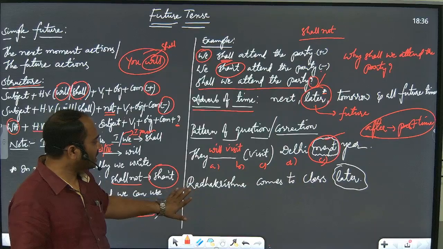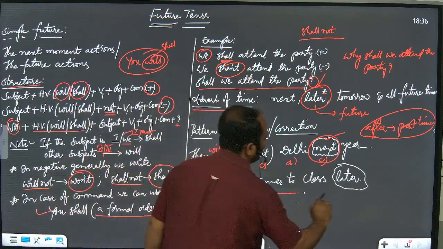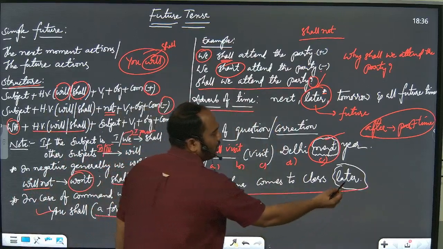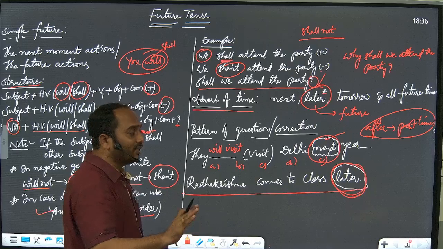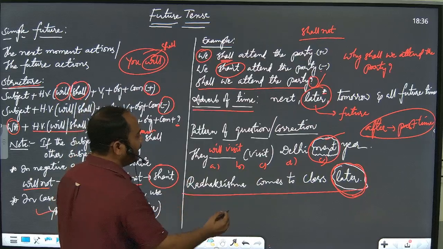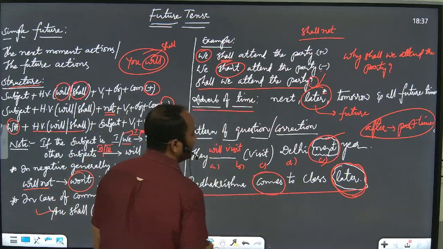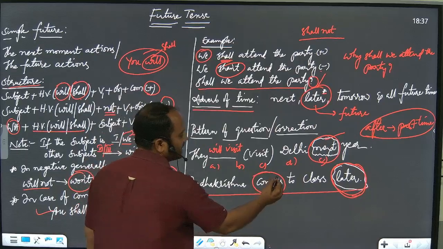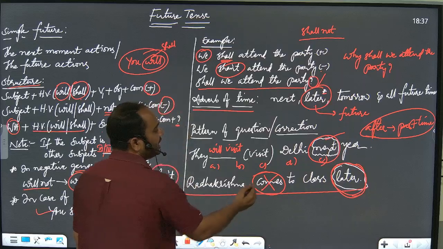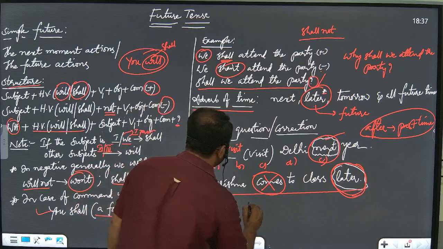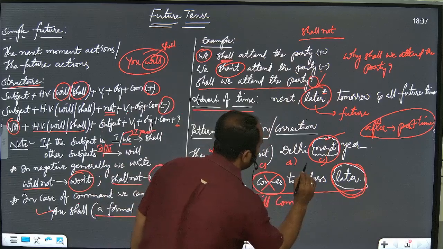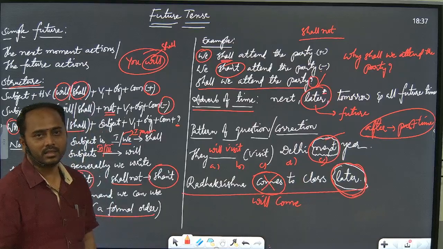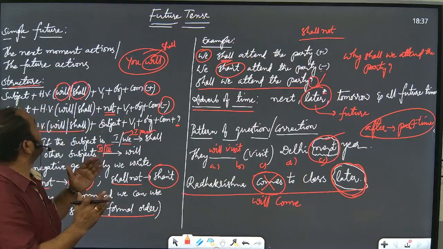Suppose you get the question in this form, how can you identify the correction? See, I have already circled this later. Later indicates the future action. But here the verb is given in the simple present because only V1 is given. That's the reason this will be wrong and the answer will be Radha Krishna will come to class later. This will be the answer and this is purely about the simple future.